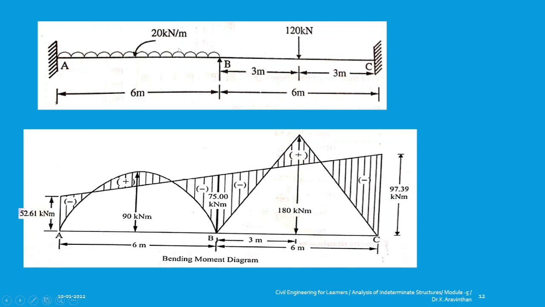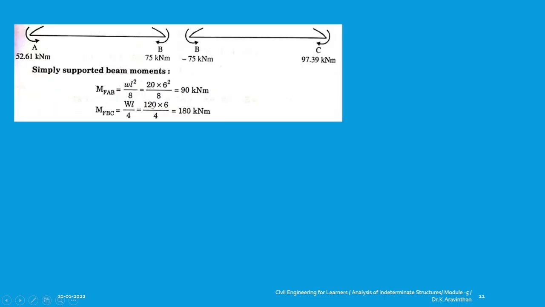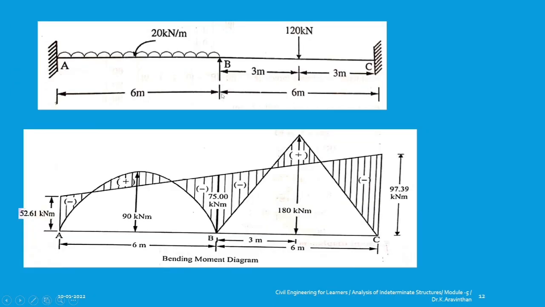This is a beam which is having a uniformly distributed load. So the formula is WL square by 8. So this is WL by 4. W is 120 into 6 by 4, which will be 180, and WL square by 8 will be 90. So your positive moment is 90.